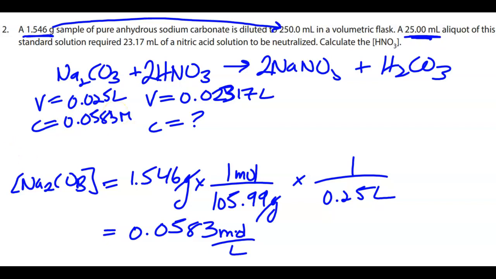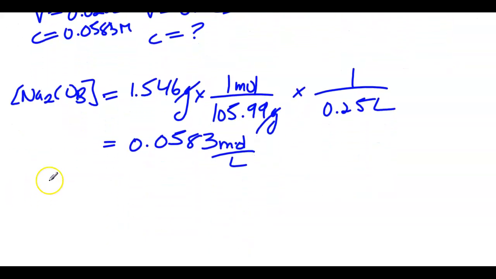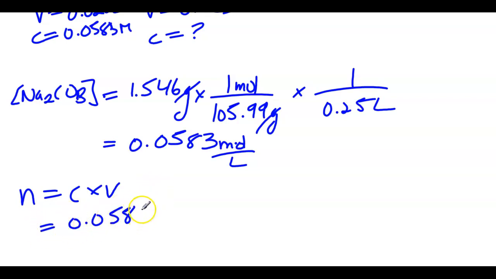So it's just the added step where, instead of them giving us the concentration, we have to solve for it. So our moles for our base is going to be C times V, which should be 0.0583 moles per liter times 0.025 liters.